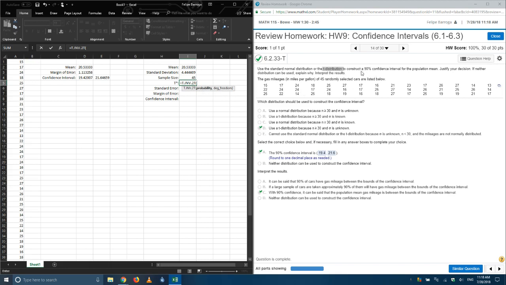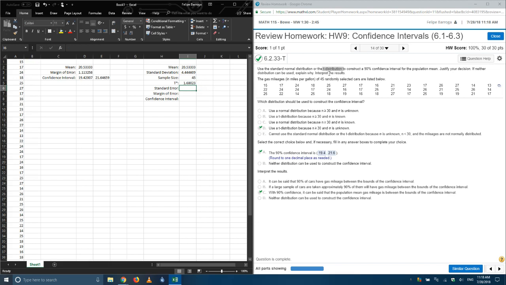Alpha, again, is going to be the opposite, or the complement, of this. And the degrees of freedom is going to be your sample size minus 1. So it's going to be this minus 1. That's going to be the t value we're going to need to find the margin of error.